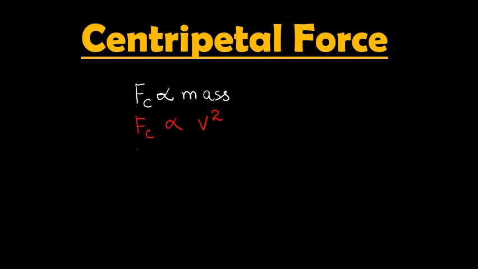Centripetal force Fc is inversely proportional to the radius of an object which is moving in a circular path. This means that if the mass of an object is more, the magnitude of the centripetal force will be more. Similarly, the higher the value of the velocity, the higher will be the centripetal force. If an object has a smaller radius, then the centripetal force of that object will be high.